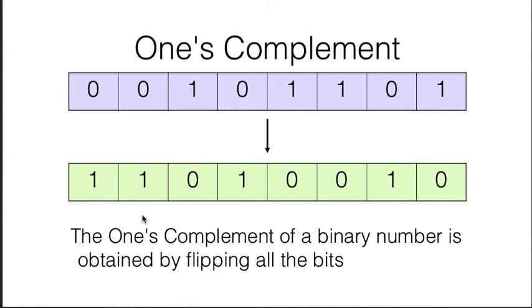So if you have 0, 0, 1, 1, 1, 0, 1, what's that? Someone do that for me in their head. Well, we've got 1 plus 4 plus 8 plus 16. So what is it? Okay, so minus 29 then, if that's what it is, achieved just by flipping all the bits.